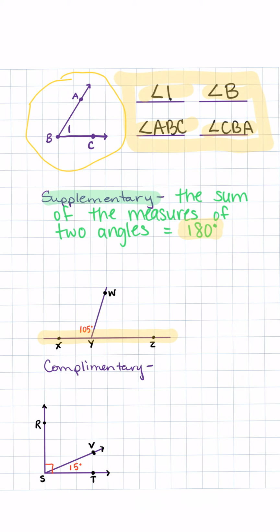So if we're looking at this angle and we see that this is 105 degrees here, and we know that a straight line equals 180, to find this angle right here, all we have to do is take 180 and subtract 105.